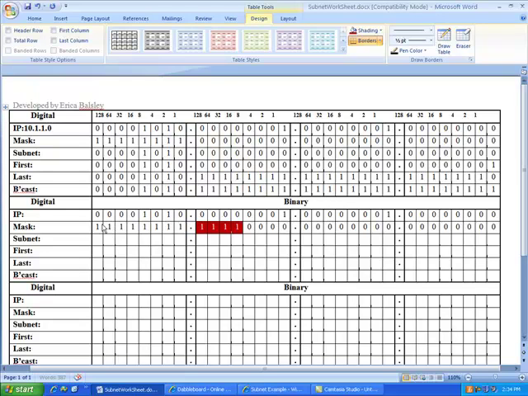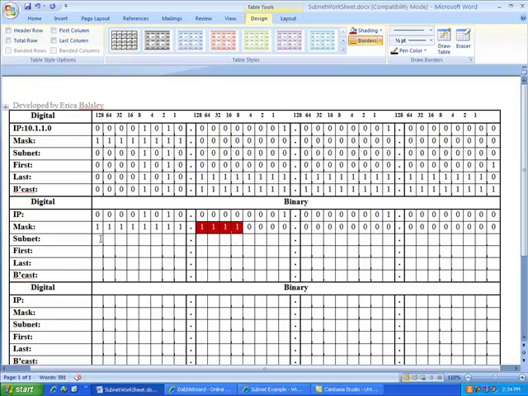So our new subnet mask is going to be 255.192.224.240.0.0. So the subnet is going to change here a little bit because we're going to have zeros and ones in here.